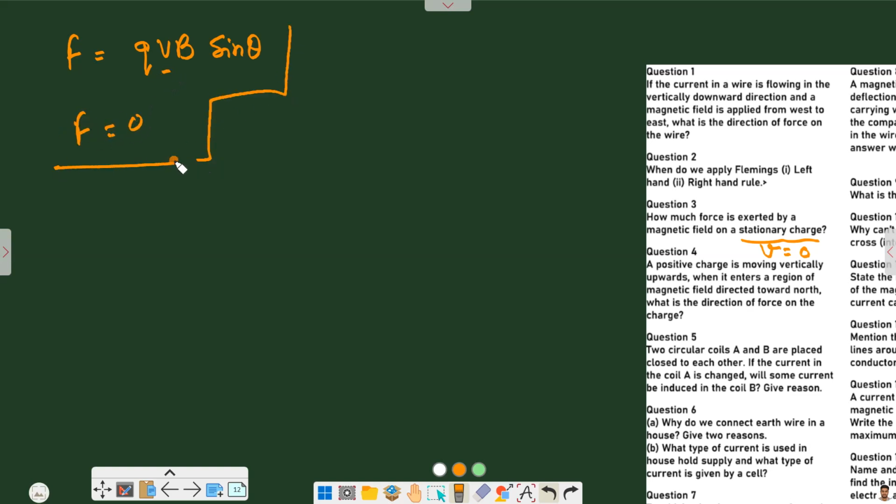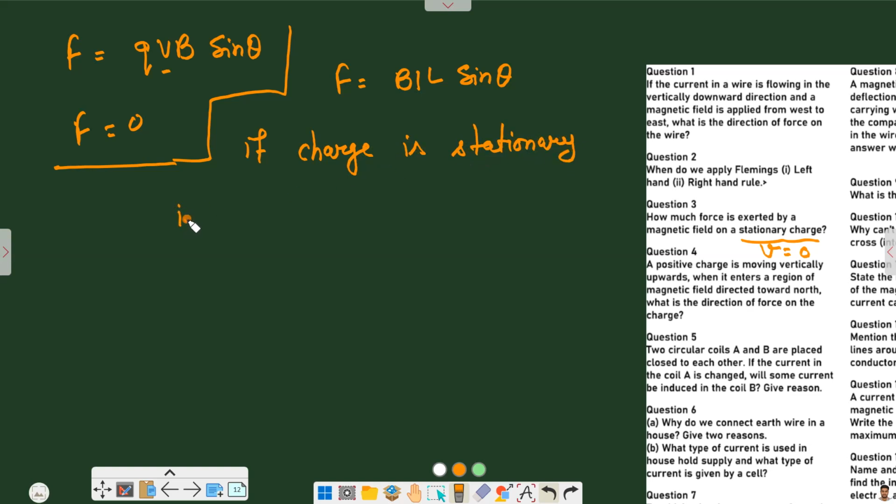This is by using the formula for force on a charged particle, but you don't have it in your syllabus. So we have another formula which is mentioned in your syllabus, that is BIL sin theta. Now if the charge is stationary, it means there is no current.